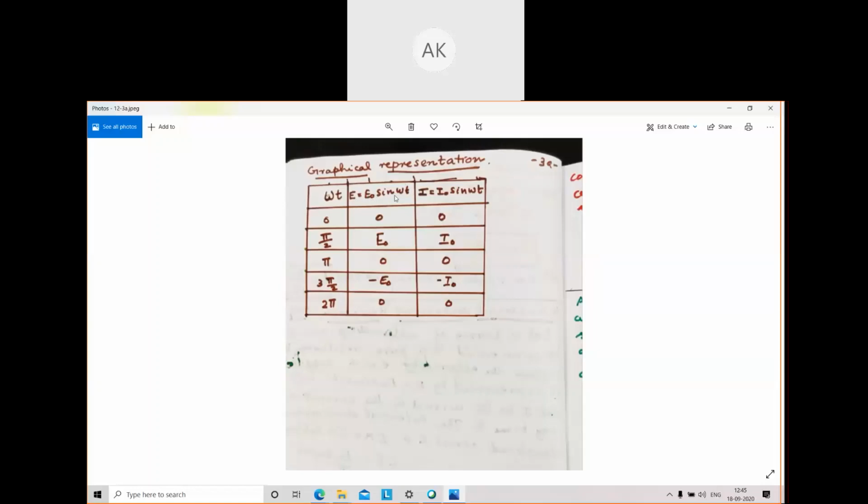E0 സൈൻ 90 = 1. അപ്പോൾ E ക്ക് E0 കിട്ടി. സിമിലർലി I ക്ക് I0 കിട്ടി. ഇനി ഒമേഗ ടി പൈ ആയി കഴിഞ്ഞാലോ, we get 0 again. E0 sin pi, sin 180 is 0, here also sin 180 is 0. അപ്പോൾ ഒരേപോലെയാണ് വേരി ചെയ്യുന്നത്. ഇത് പീക്ക് വാല്യൂ എടുക്കുമ്പോൾ ഇതിൻ്റെ പീക്ക് വാല്യൂ, ഇത് 0 ആകുമ്പോൾ ഇതിന് 0.